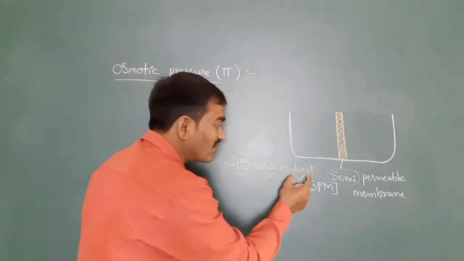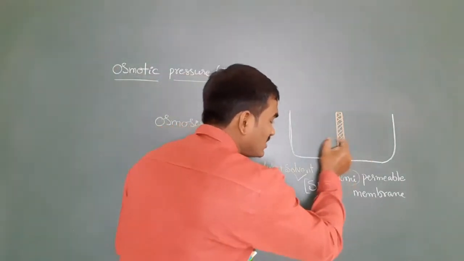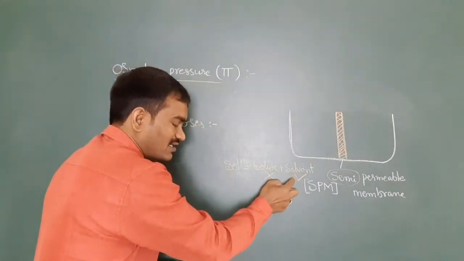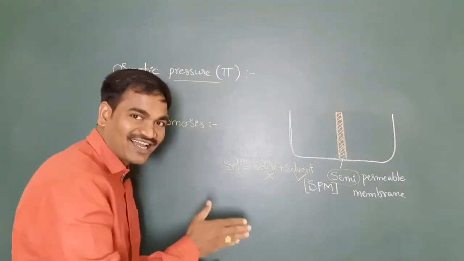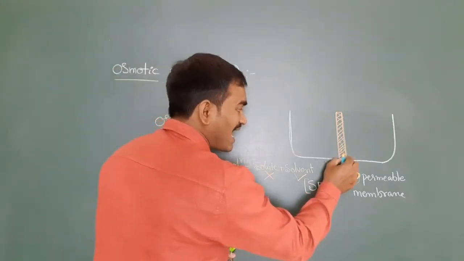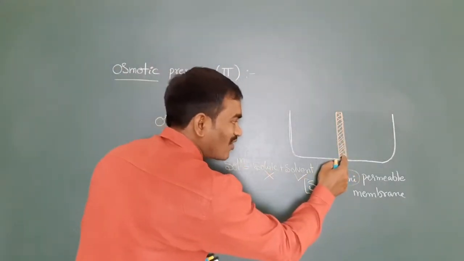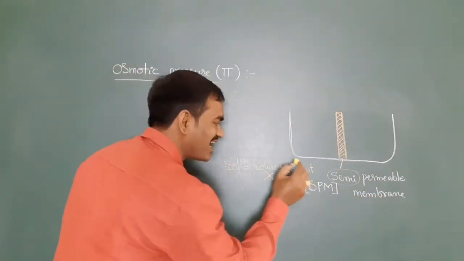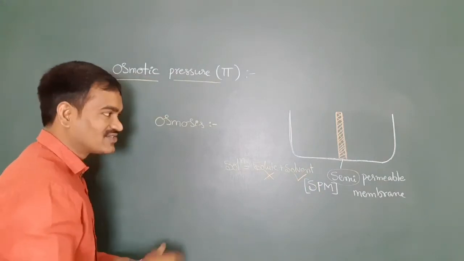So the solvent particles can pass through, but the solute particle size is bigger than the solvent particles, so those particles cannot move through. That's why it is called a semi-permeable membrane and it allows only solvent. Is it clear?